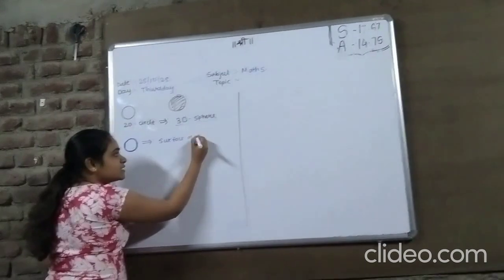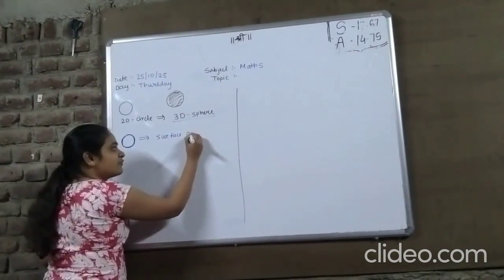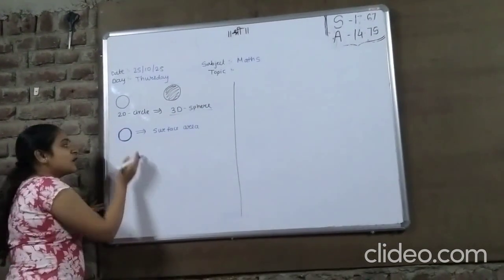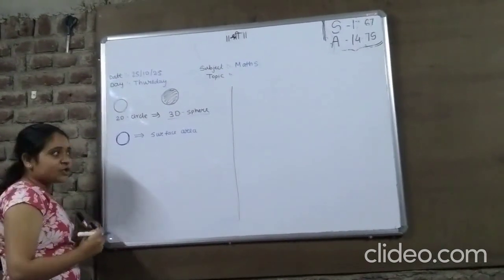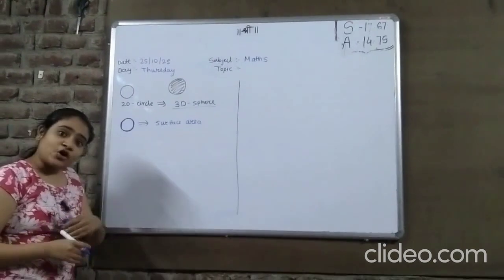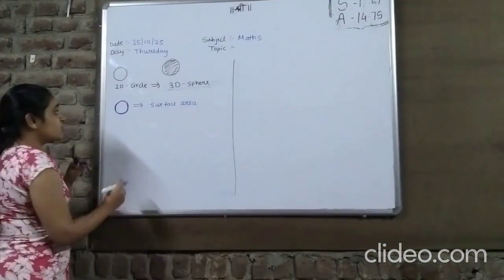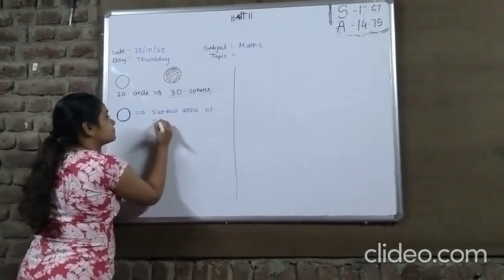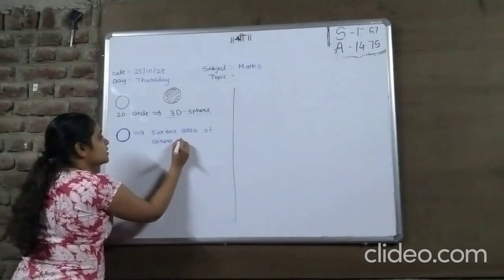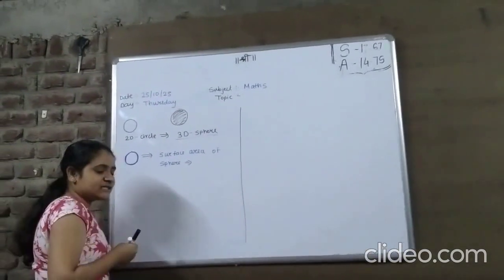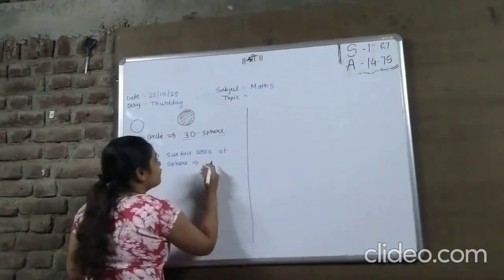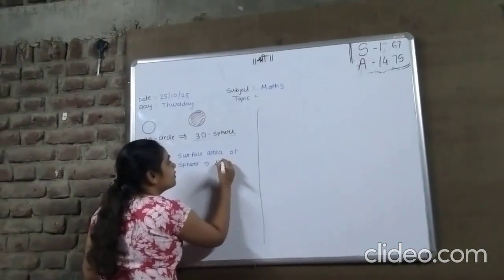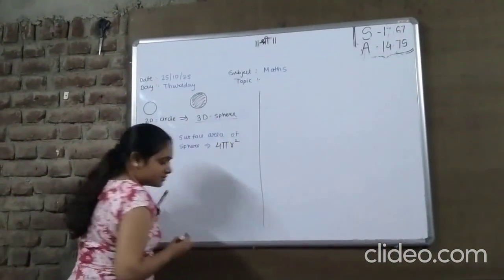There is one formula to measure it. The surface area of a sphere is 4 pi r square.